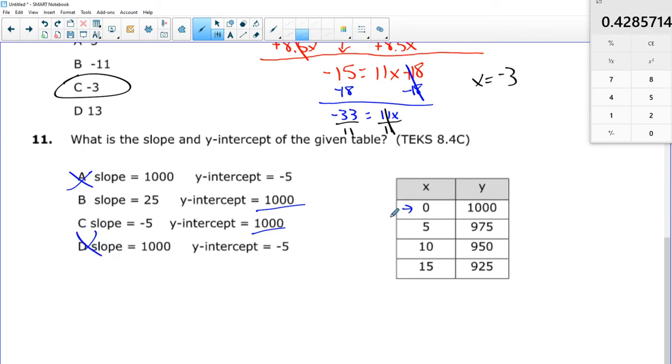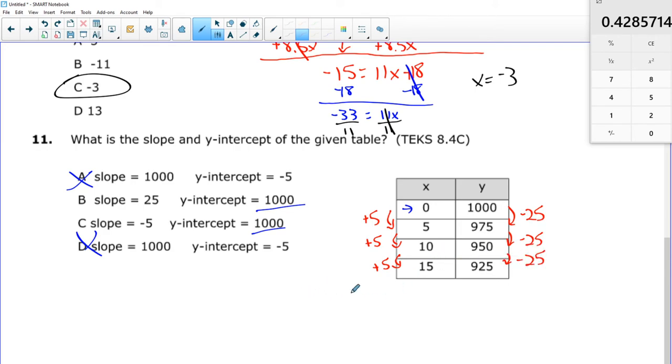And then our slope is our rate of change. So if we look, this is going plus 5, plus 5, plus 5. And this is going down 25, down 25, down 25.